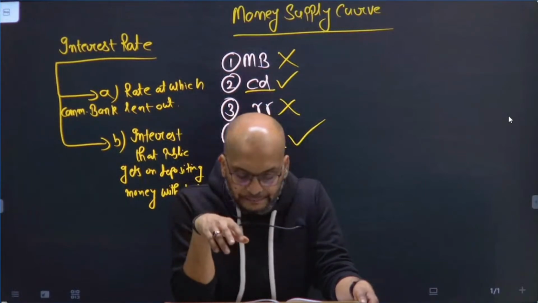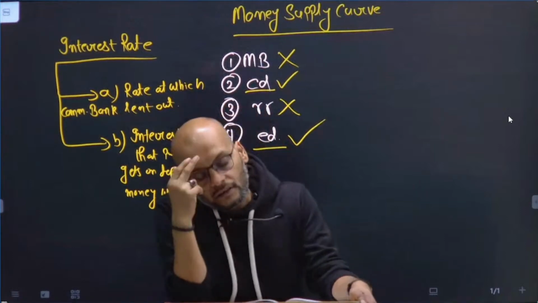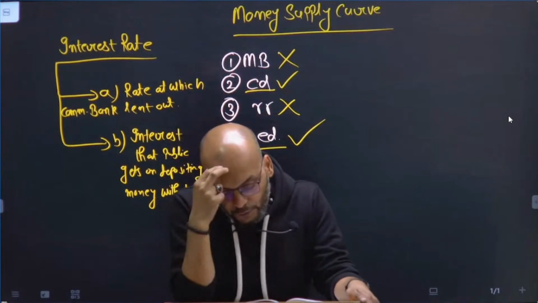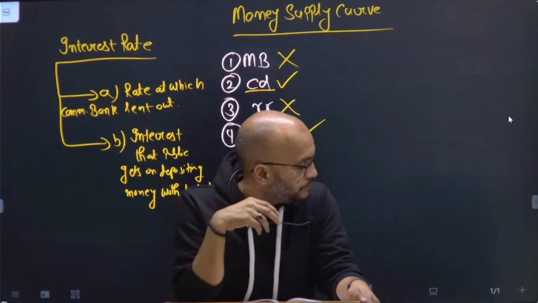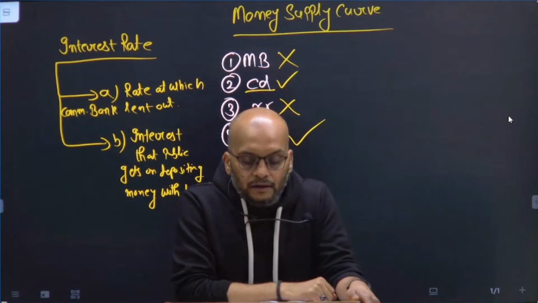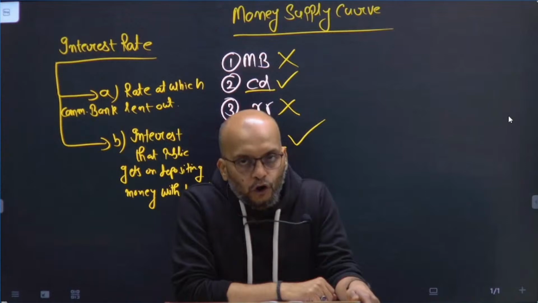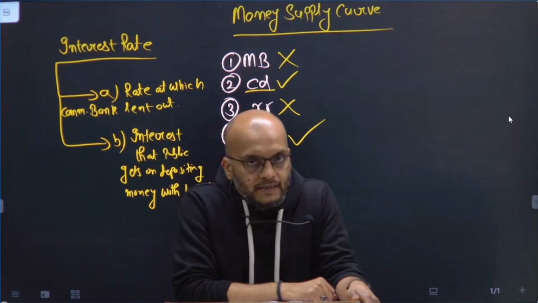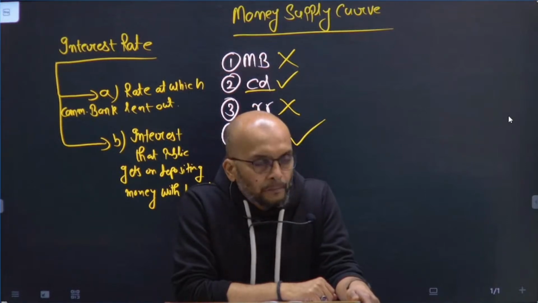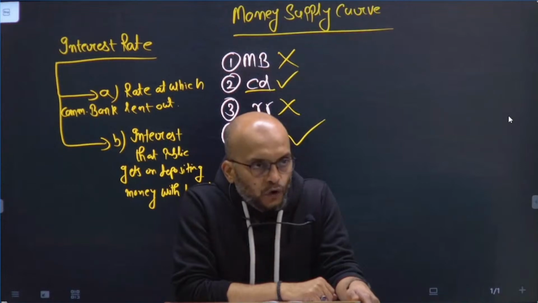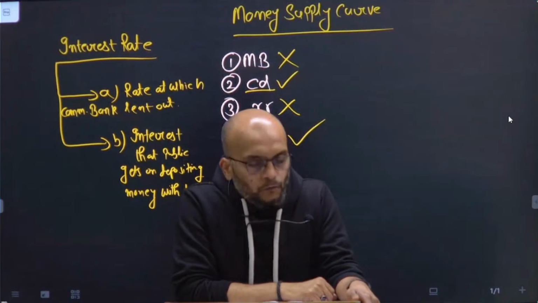Now write down the next line. There are two views of economists on this. What is the first view?